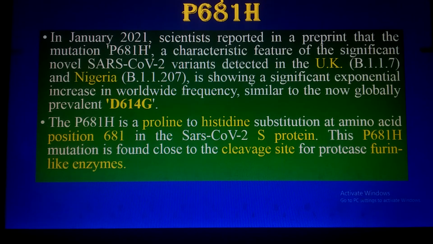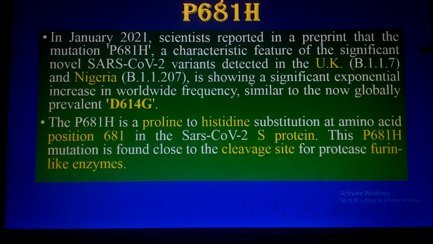And now P681H. In January 2021, scientists reported in a patient the mutation P681H, a characteristic feature of the significant novel SARS coronavirus 2 variant detected in the UK, B117, and the Nigerian B11207, showing a significant exponential increase in worldwide frequency similar to the new globally prevalent D614G.